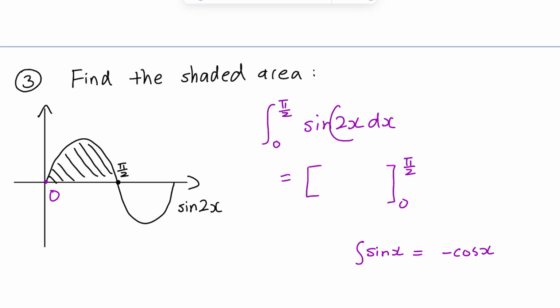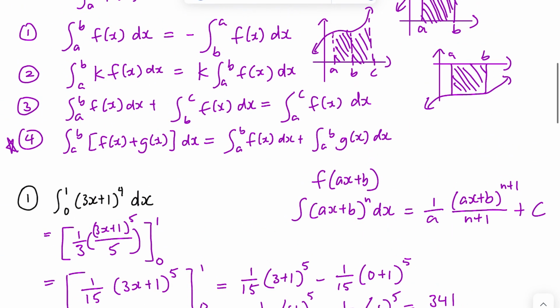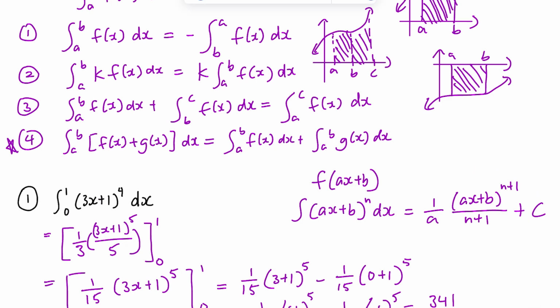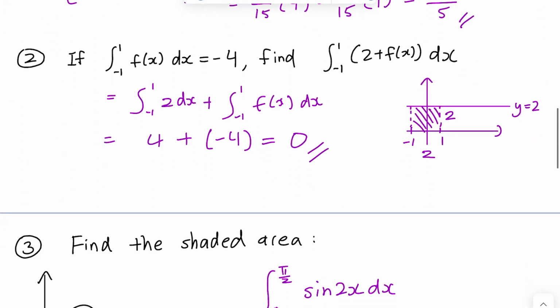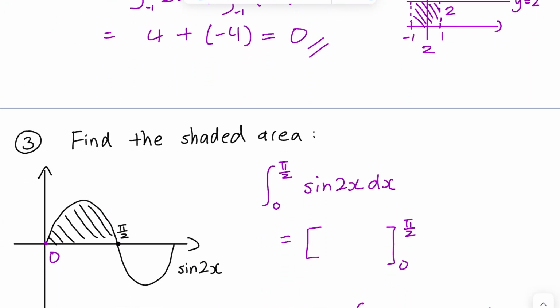But right now we have a 2. So again, if we go back to our previous equation, we got to make use of the special formula. Because the inside function is 2, we know that it's going to be 1 over that value. So it's going to be 1 over 2 times negative cosine 2x.